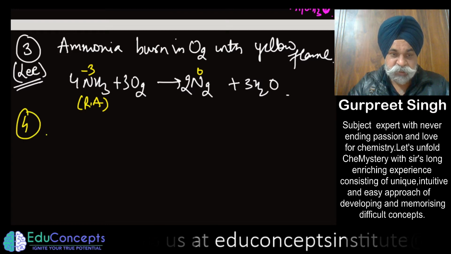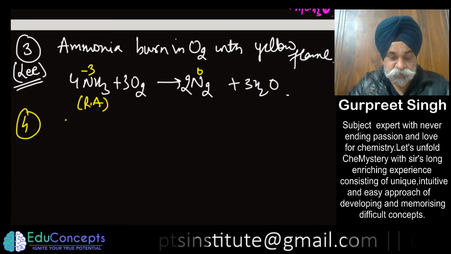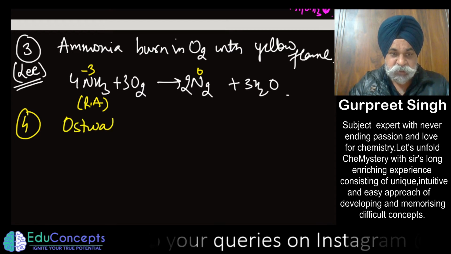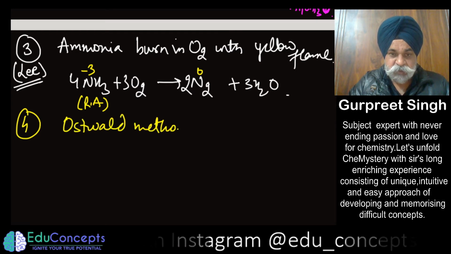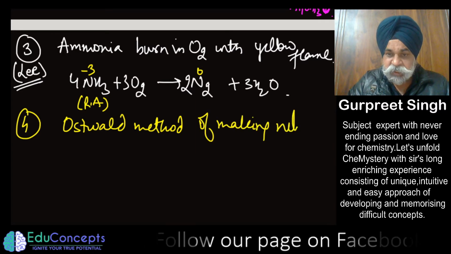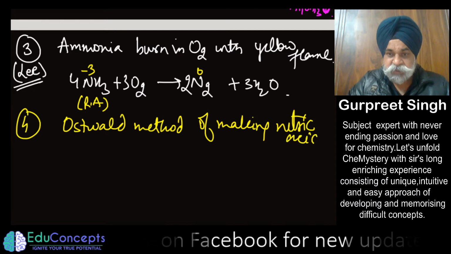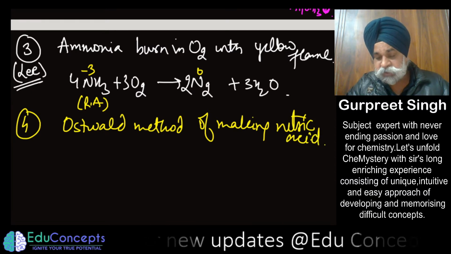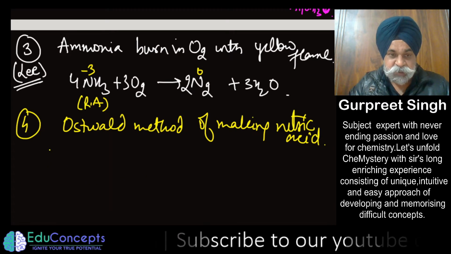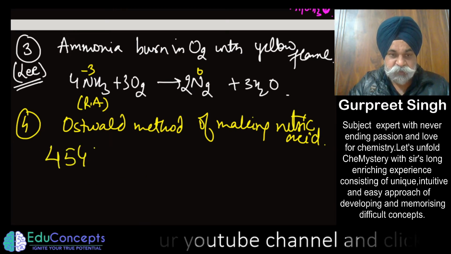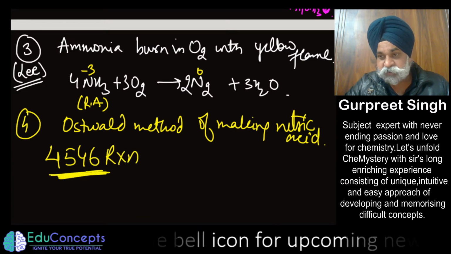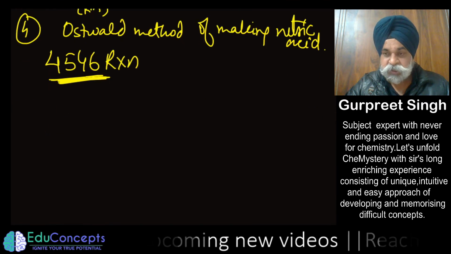Then the fourth reaction is what you would use in the topic of the Ostwald method, the Ostwald method of making nitric acid. In that, it is not exactly used in the preparation of nitrate; it is used as a starting material. This is a very popular one, the 4546 reaction, which I always refer to. This is a small trick or tip to remember that 4546 is a reaction name.